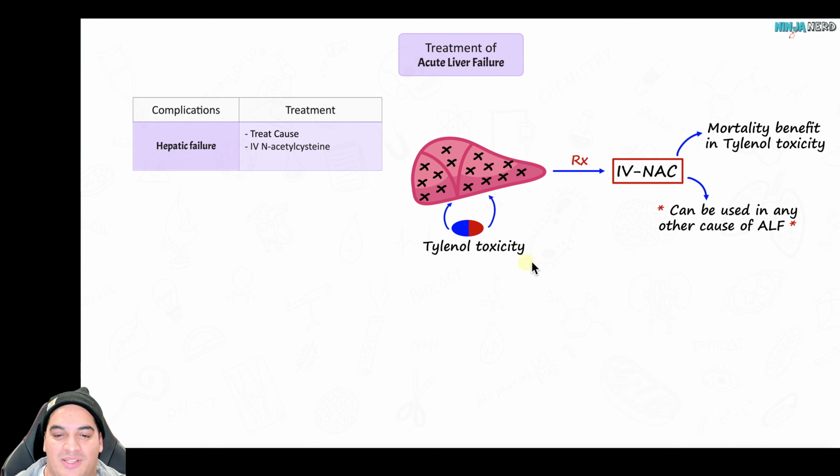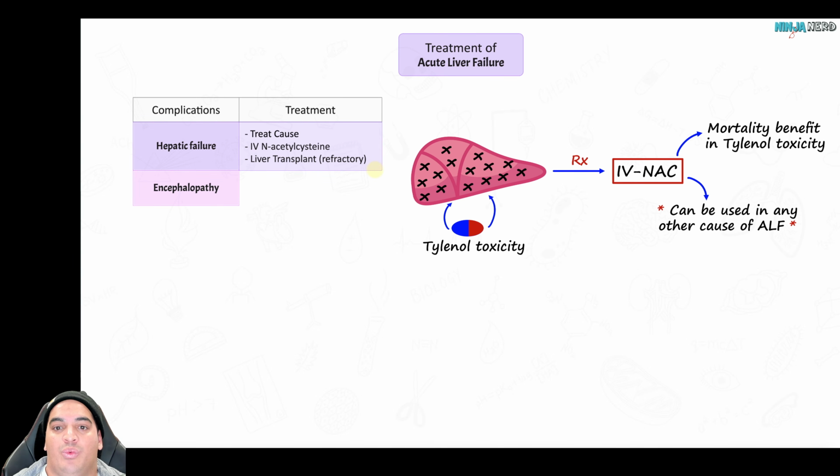But do remember that the studies suggested it to be more beneficial for mortality in Tylenol toxicity. Oftentimes, unfortunately, with these patients, you're going to support them the best that you can to allow the liver to heal, but oftentimes they may progress to needing a liver transplant.